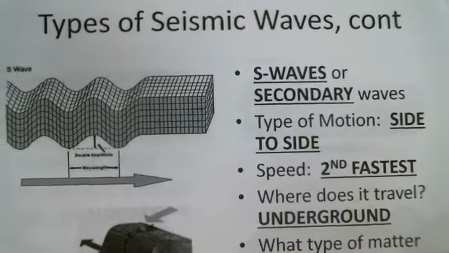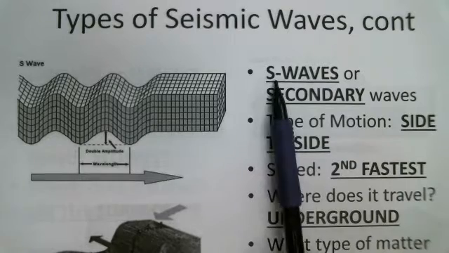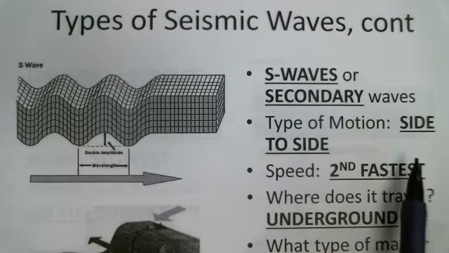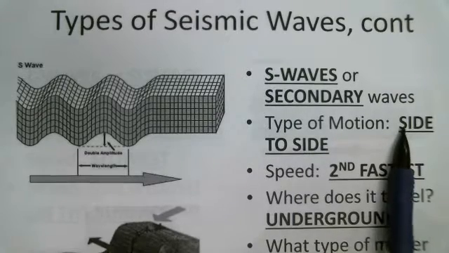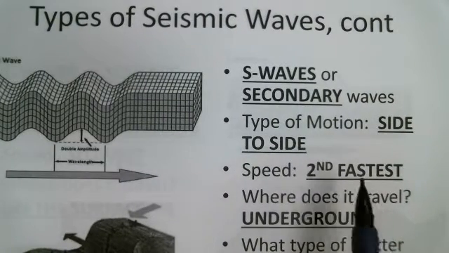The next kind of wave is called an S wave. It is a secondary wave, and it moves side to side. So the S you can think of as meaning secondary. It's the second wave that hits you. Or you can think of it as an S for side to side. Either way it works. You need to know both of those things. It is also the second fastest.